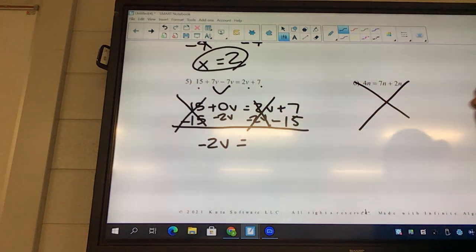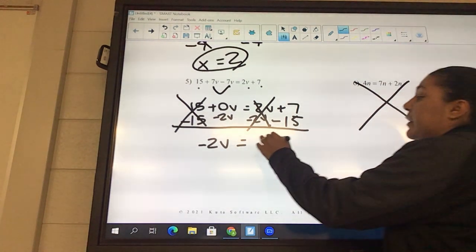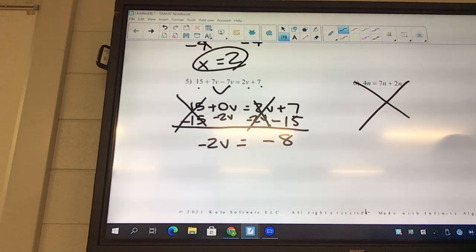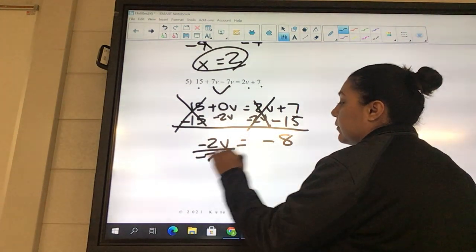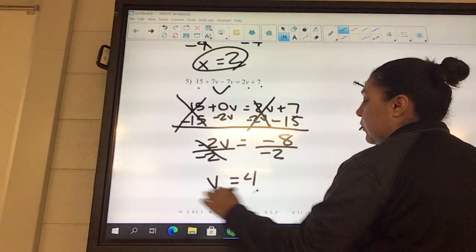And then I've got 7 plus negative 15, it's going to be negative 8. And then what's our last step always? Divide. So I've got b equals 4.